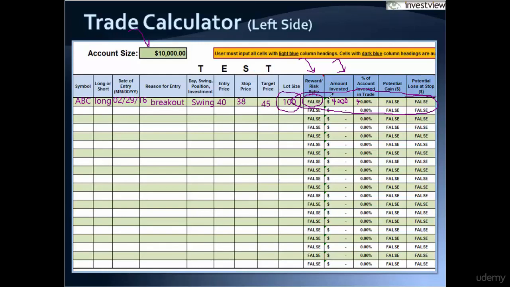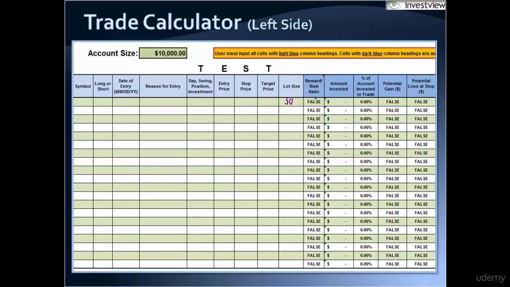So in other words, it's going to fill all of that out. All of that information, you're going to look at it and you're going to say, you know what, 40% of my account in one trade is too high. So you're going to nudge this lot size and change it to 50 shares, or whatever. And now it's going to say, okay, now you have 2,000 invested instead of 4,000.